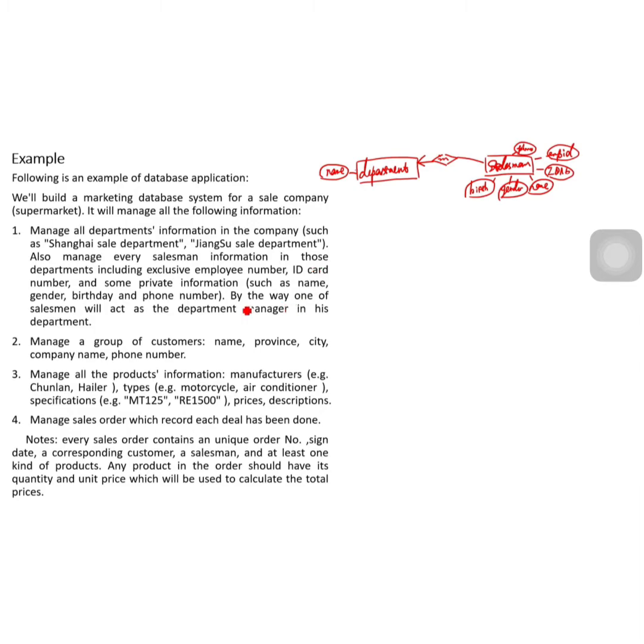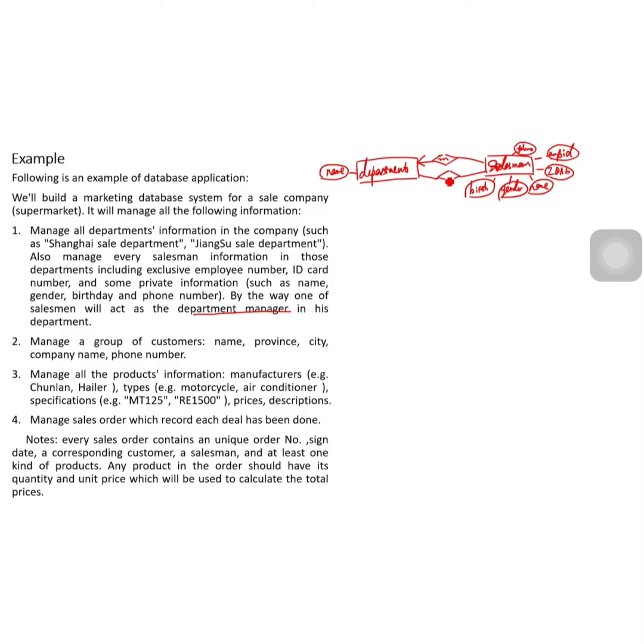By the way, one of the salesmen will act as the department manager. So a salesman will act as department manager in his department. So there is another relationship that will be recorded.